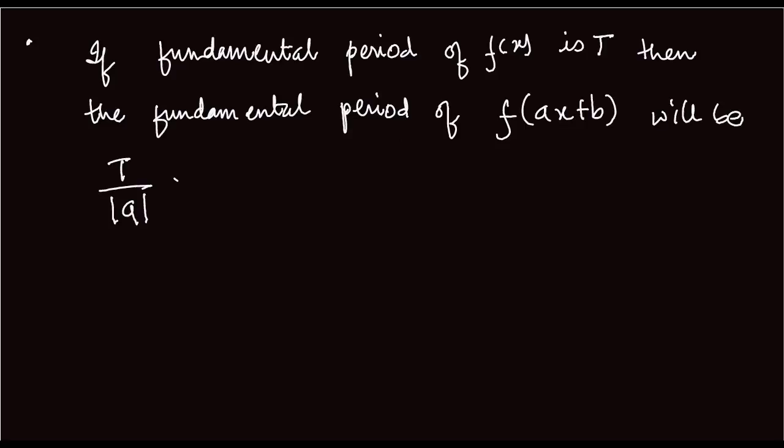Remember this mod a, because many times it is asked, for f of minus 2x, what will be the fundamental period, and people write 2 pi by minus 2, and that's why minus pi, but this is not true. Okay.